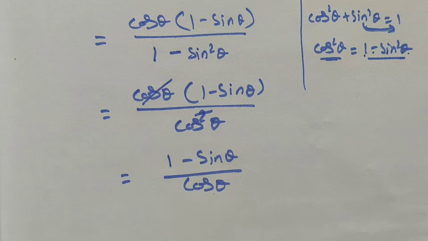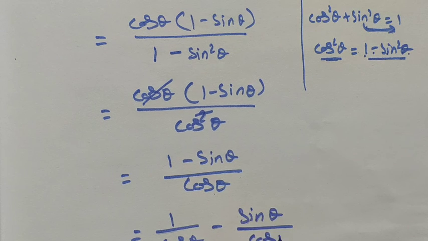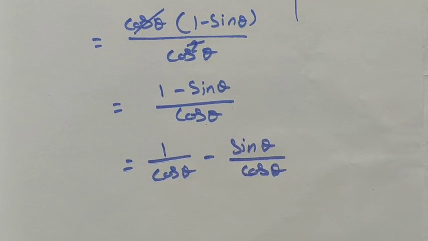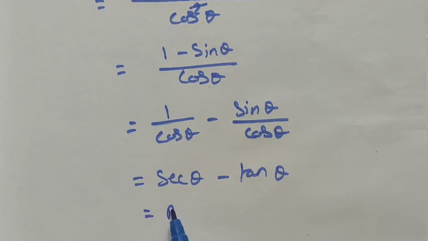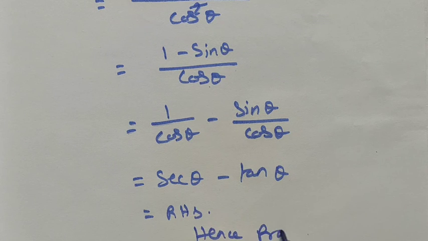So 1 divided by cos theta minus sin theta divided by cos theta. The reciprocal of 1 by cos is nothing but secant theta, minus sin theta divided by cos theta is nothing but tan theta. So this term is equal to the RHS. Hence proved. Thank you, students.